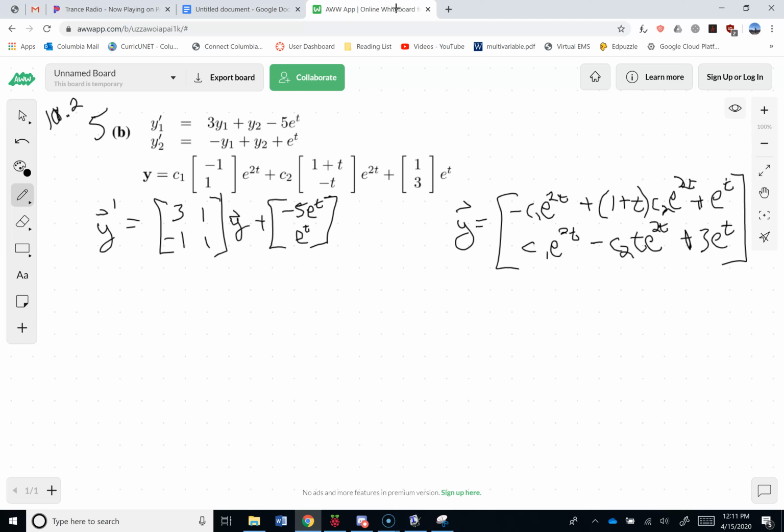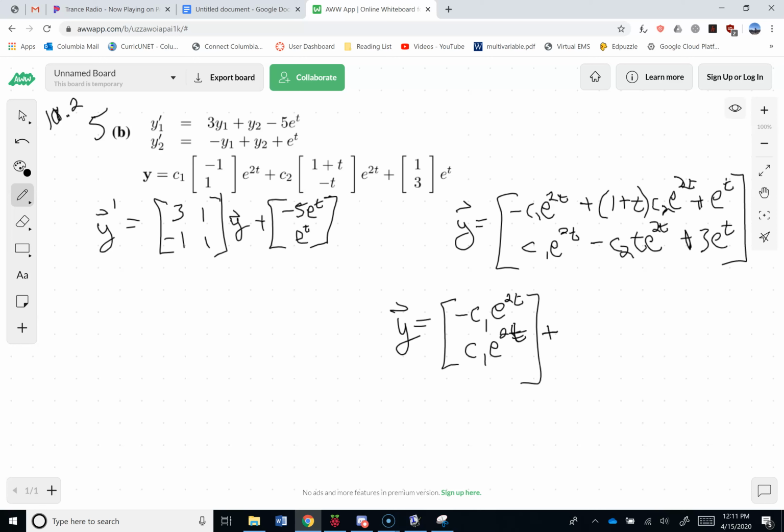Okay, so if I wrote that out a little slower, I'd do y is, and then scalar multiplication would say I have the vector minus c1 e to the 2t and c1 e to the 2t. Right, that's just scalar multiplication for the first vector.